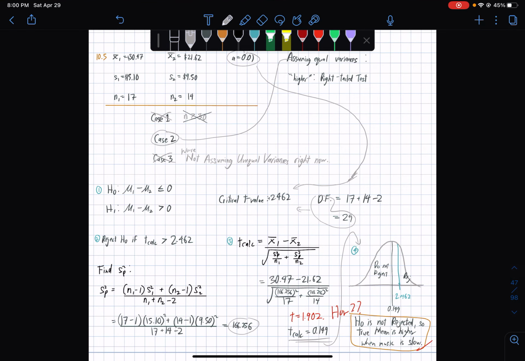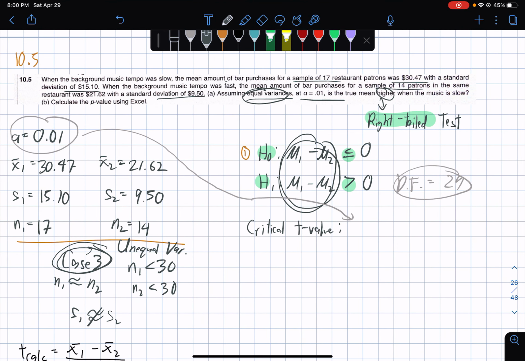Let me double check if I had the same thing. Okay. So given 29 and it's 0.01, 2.462. Positive 2.462. Why is it positive? Because it's right-tailed.